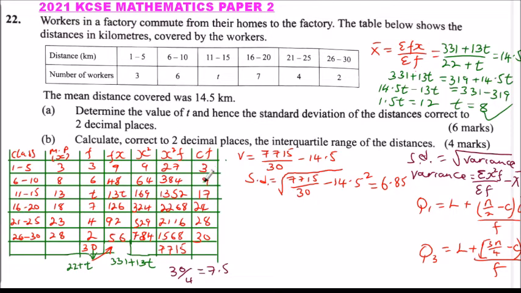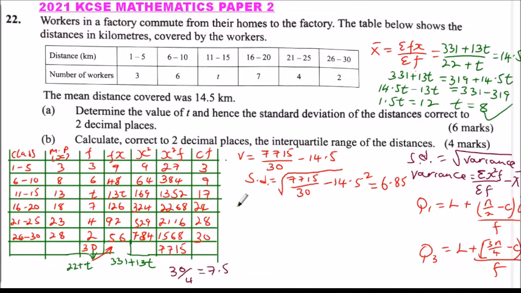So 7.5 lies in this particular class. The lower class limit of this is 5.5. Then n stands for the total frequency, or the number of data. c is the cumulative frequency above that particular class, i is the class interval, and f is the frequency in that particular class.